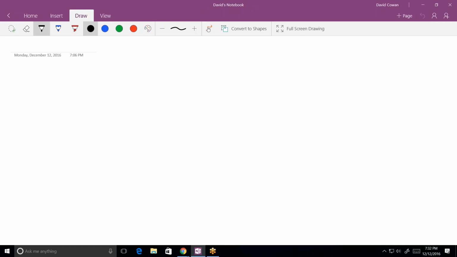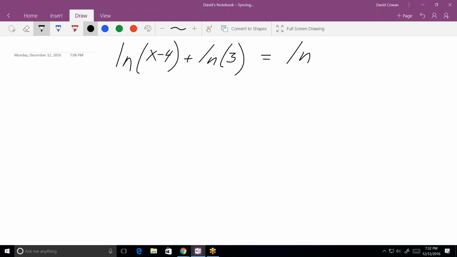So let's have the log problems. Let's go with, how's this? The natural log of (x minus 4) plus the natural log of 3 equals the natural log of 2x plus 3.